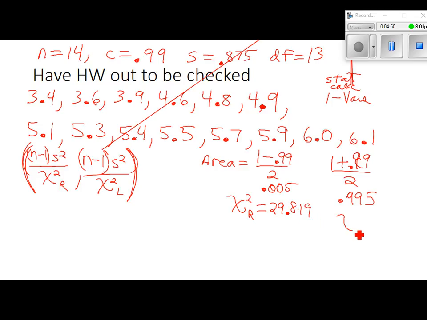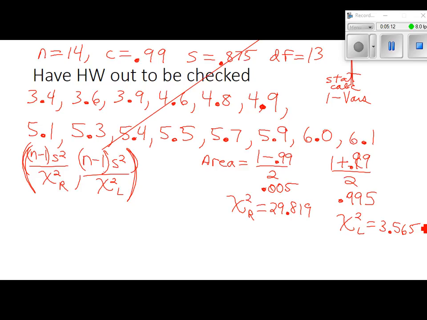And for our chi squared left, we go to 0.995 and degrees of freedom 13: 3.565. Everybody agree with both of those?